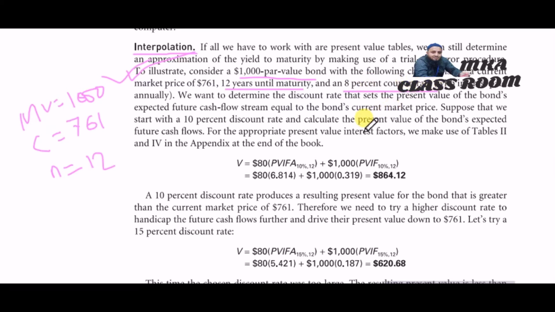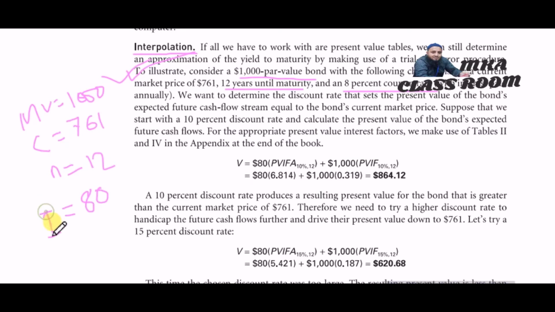Interest paid annually, that means 1000 into 8%, that means I. 1000 into 8% should be 80 taka.